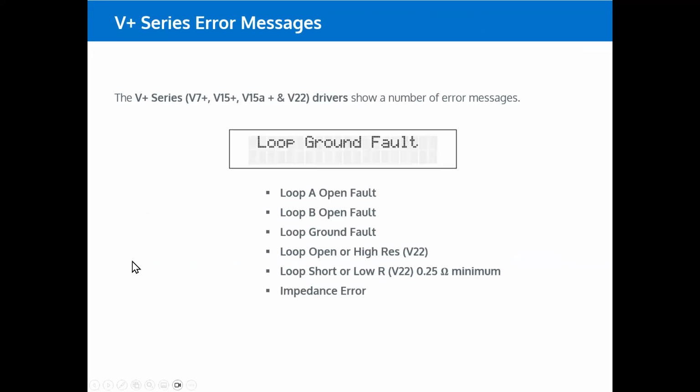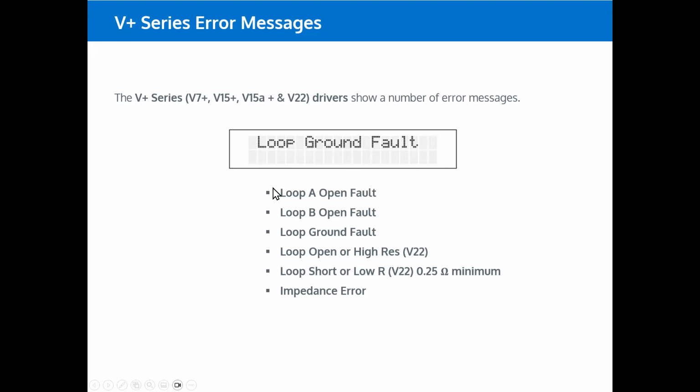The V plus drivers have a more basic display, but effectively the warning or fault messages that you get are pretty much the same.